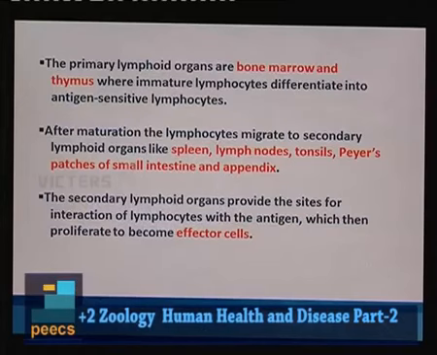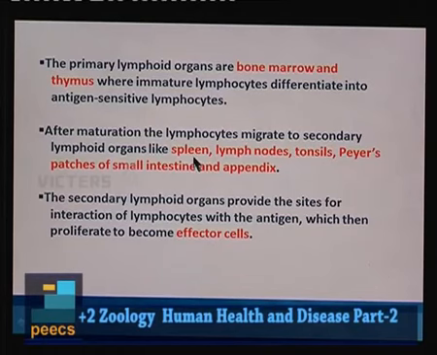So, here the difference is shown. Primary lymphoid organs are bone marrow and thymus, and after maturation lymphocytes migrate to certain lymphoid organs which we call the secondary lymphoid organs.